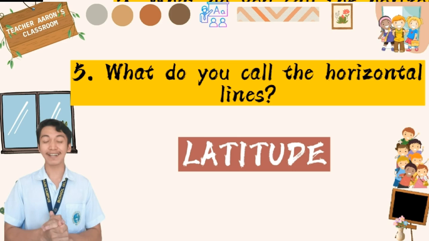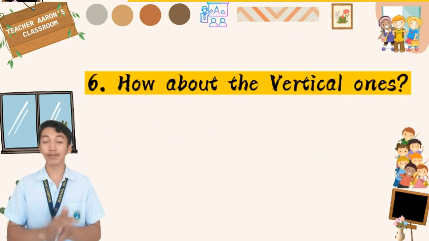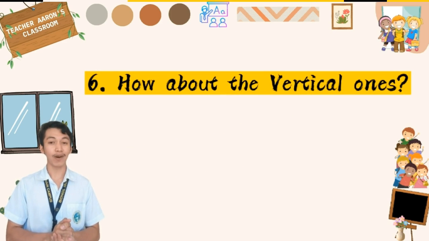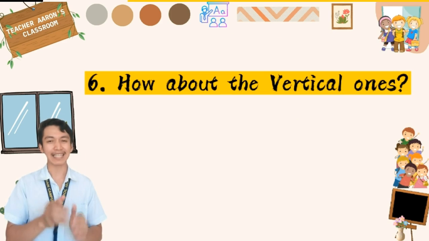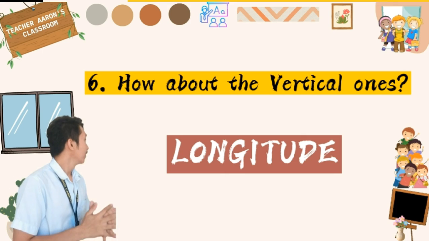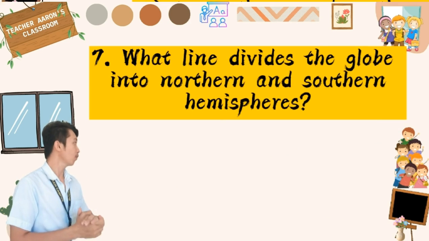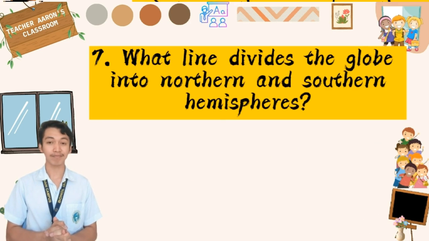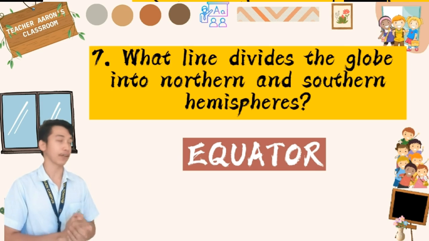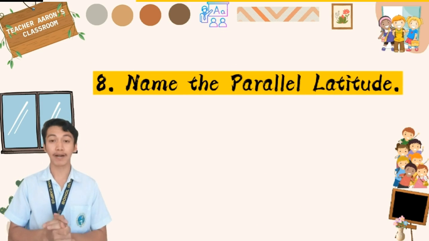Yes, these are latitude. How about the vertical ones? Yes, it's the longitude. Now, number 7, what line divides the globe into northern and southern hemisphere? Yes, it's the equator.